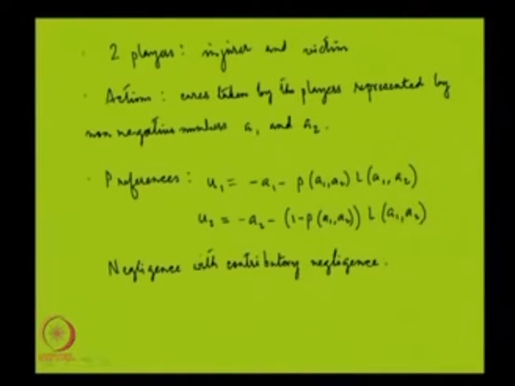So, what is the idea? The idea is that this law fixes a certain critical level of care, a threshold level of care that has to be undertaken by each of these two players.